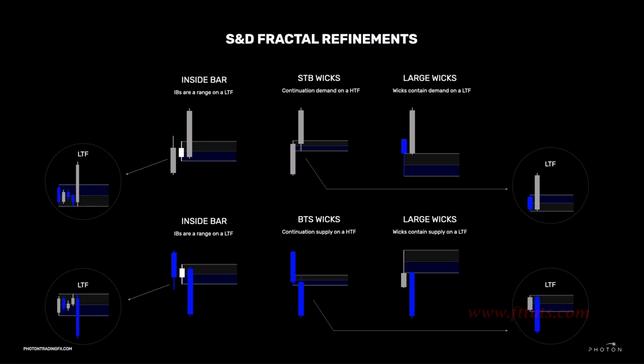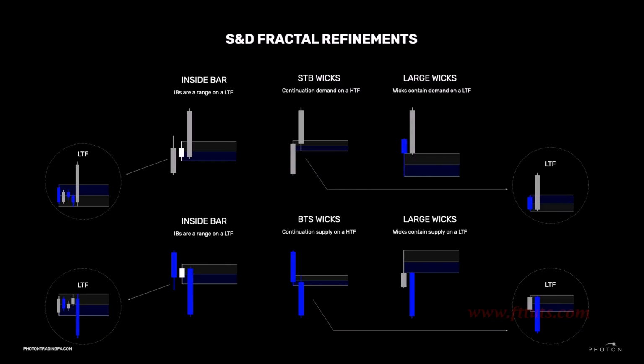Now, lower time frame zones will not always be visible on the higher time frames, but when you can see, for example, that M15 zone on the 4-hour via a fractal refinement like that, in theory, that should increase the strength of that zone. And then all of that we've just spoken about, of course, applies to supply zones. So where you have two bearish candles, for instance, that then form those buy to sell wicks, and then on the lower time frame, those wicks will represent either range created or pivot created supply.